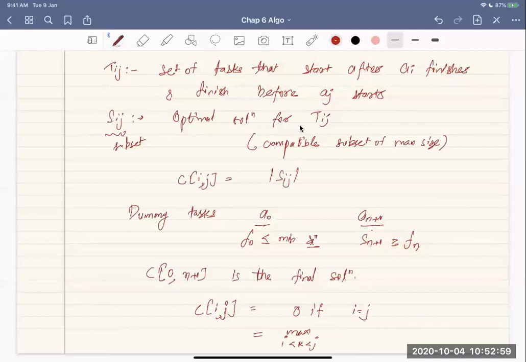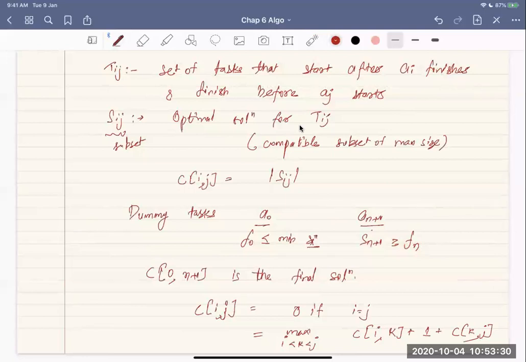Suppose you choose k. So what is your recurrence relation? C of i, k, since i has already finished and k is yet to start, plus you choose k, plus k has finished and before j starts.